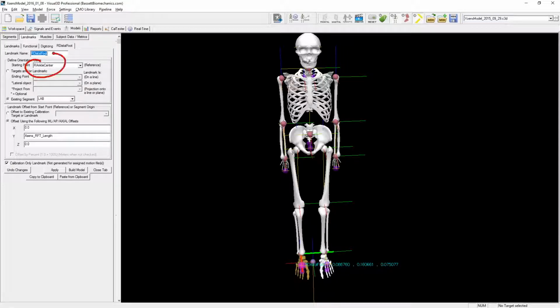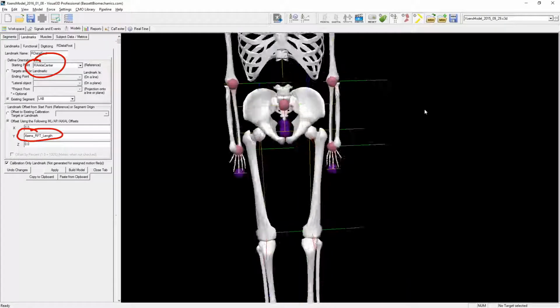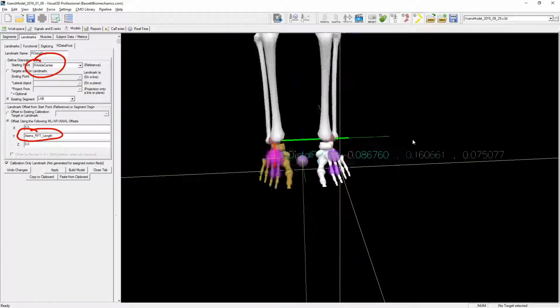Because it starts at the right ankle center, which we know is vertically straight down from the right knee center. But then we have it going in the Y direction, the length of the foot.